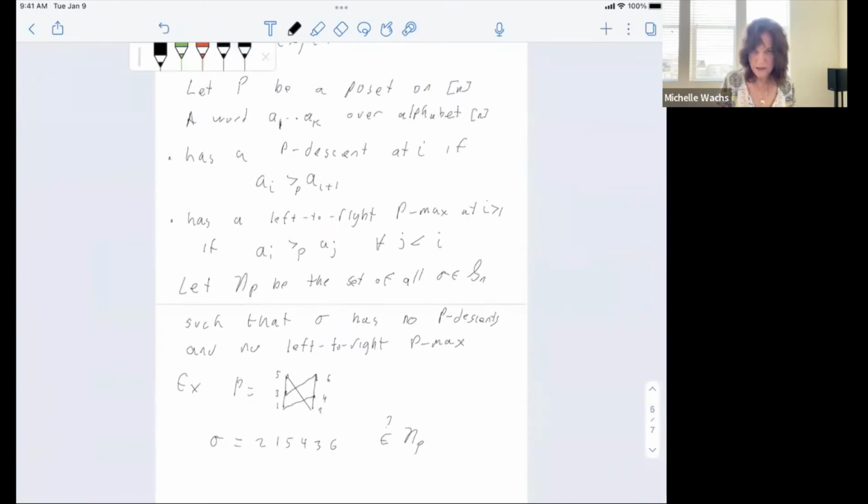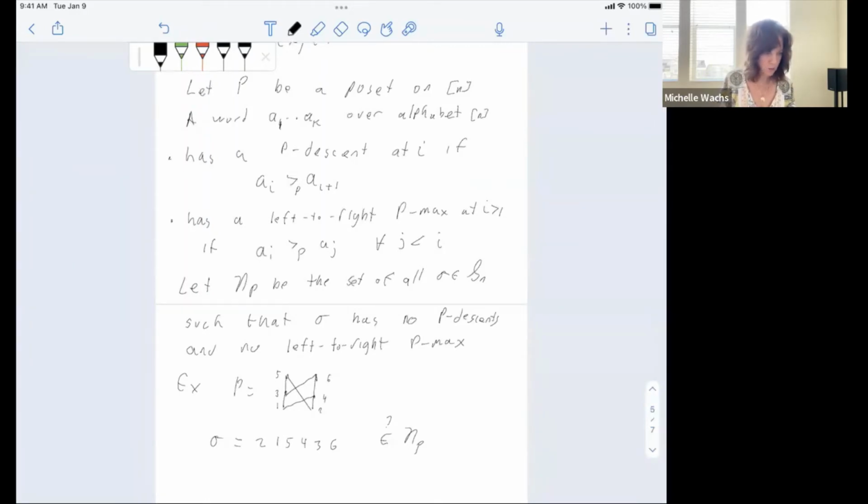Is that a P descent? No. 5 is not bigger than 4 in the partial order. So that's not a descent either. 4, 3. No, 4 is not bigger than 3. And so there are no P descents.